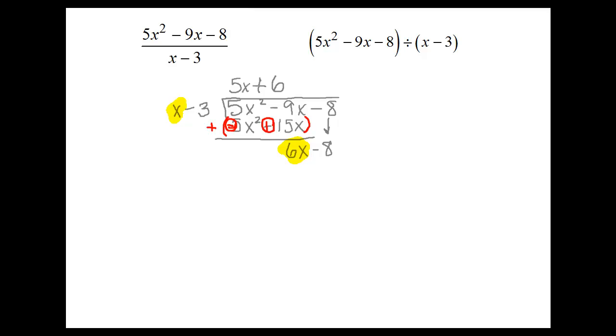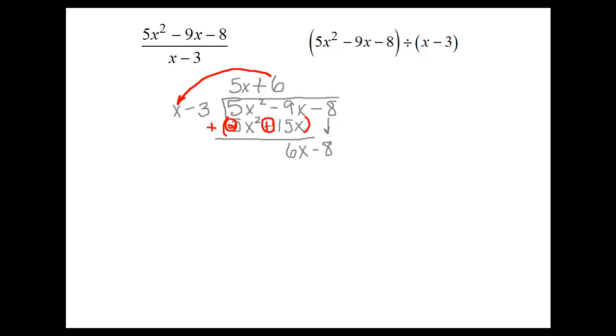Alright, so we looked at the first term and first term to help us decide what we were going to multiply by, and then we decided that was a plus 6. So I'm going to go ahead and erase my highlighting here so that that's not too distracting. Okay, and then we're going to do what we did before. Remember before we took that 5x that we had out front and we distributed it down times everything in front.